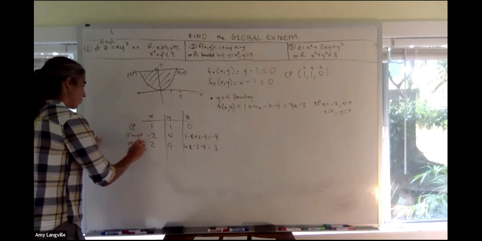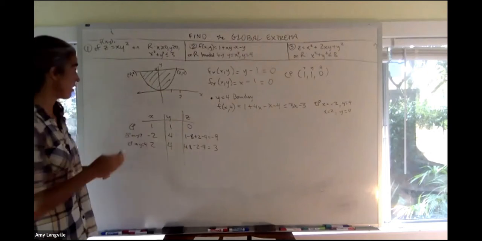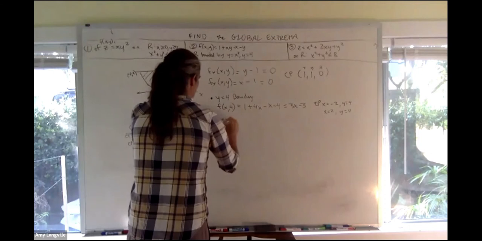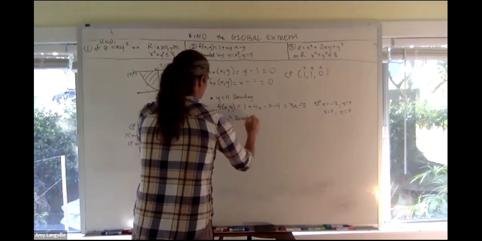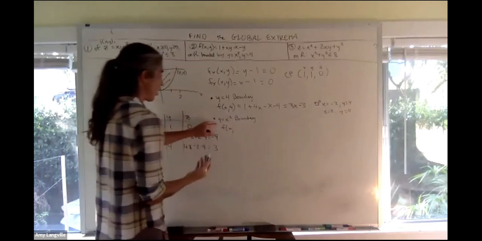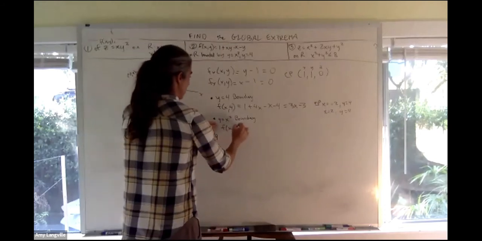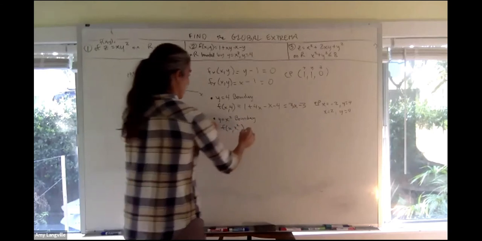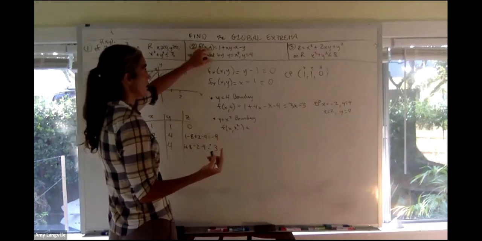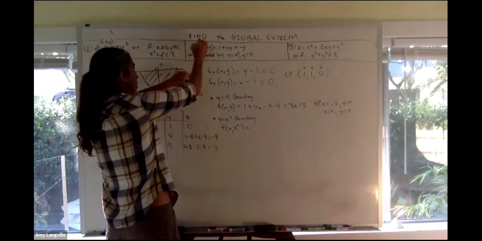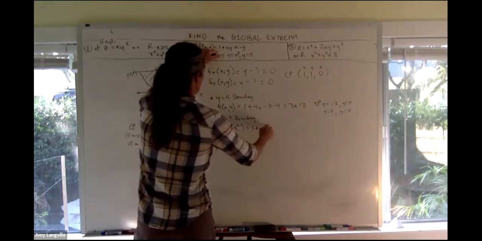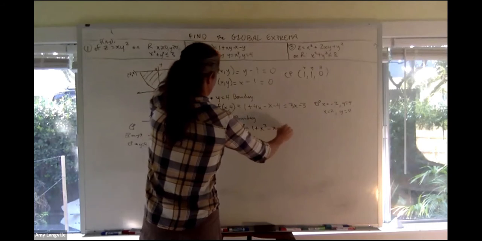Just to remind ourselves, there's one more boundary to check, this nonlinear boundary, which happens when y equals x squared. And once again, instead of writing y, we write its alternative representation in terms of x. And now we're going to get a function of just one variable x. Z, instead of being a function of x and y, is now just going to be 1 plus x cubed minus x squared.